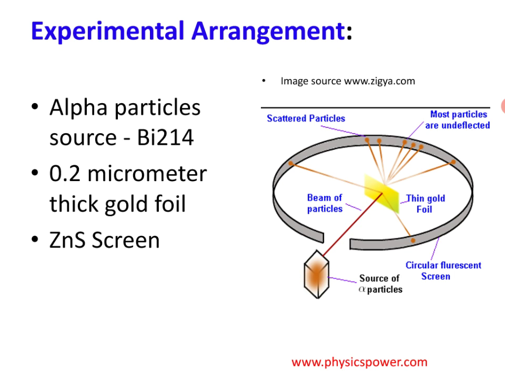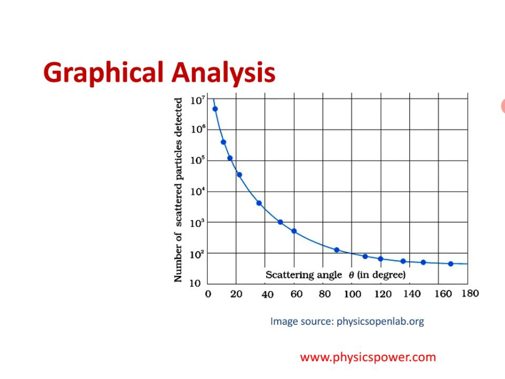So after this experimental setup, whenever he focused the alpha particles, he identified a few things. Those are, before going to that, the graphical analysis. Here he passed many alpha particles to the gold foil.